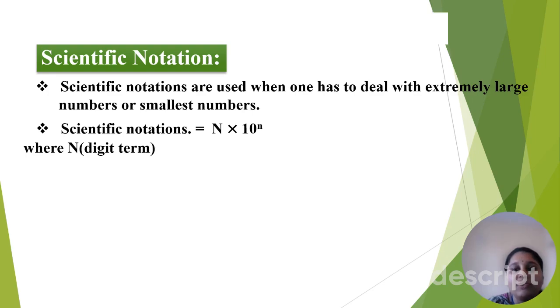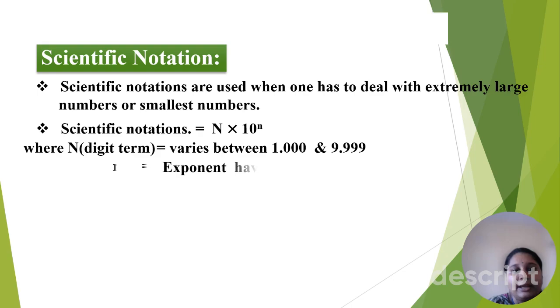This is a formula used to deal with larger numbers, where N is the digit term. It varies between 1.000 and 9.999. And n is the exponent, having plus or minus depending upon whether the value is positive or negative.